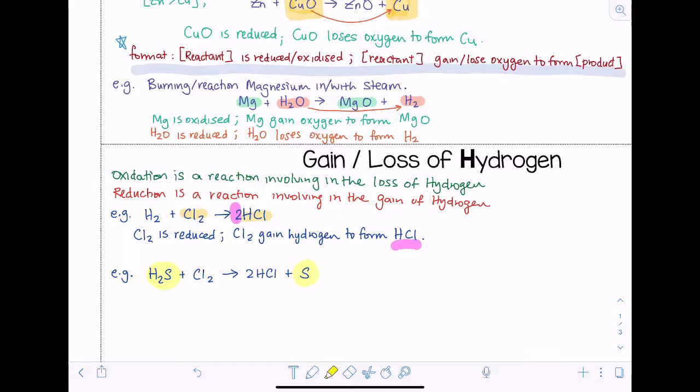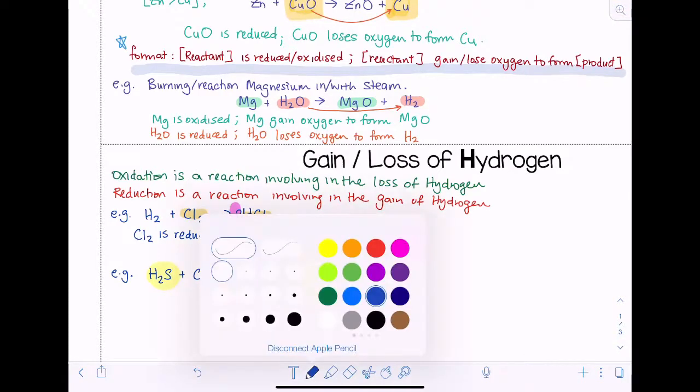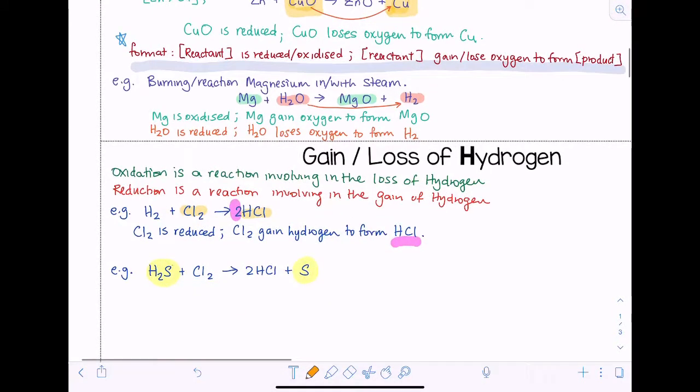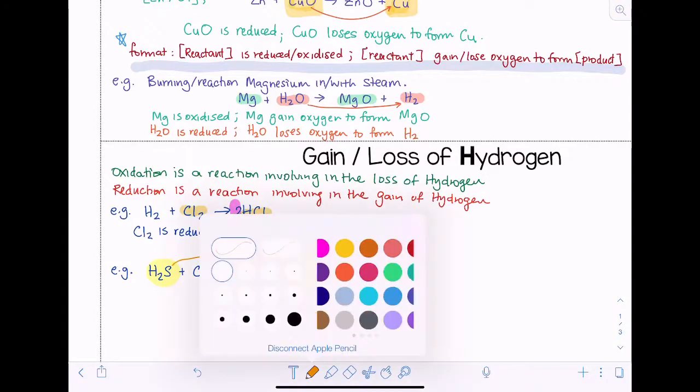Checking from the left side to the right side, you notice that there is a loss of hydrogen. The hydrogen is no longer part of the formula anymore. That's it, you have just found the reactant that undergoes oxidation.